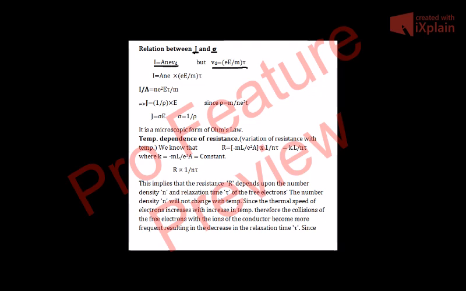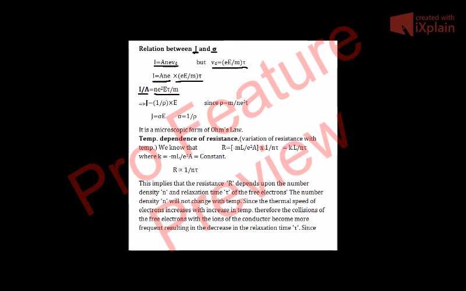Substituting for the drift velocity, I upon A is equal to n e squared E tau by m.